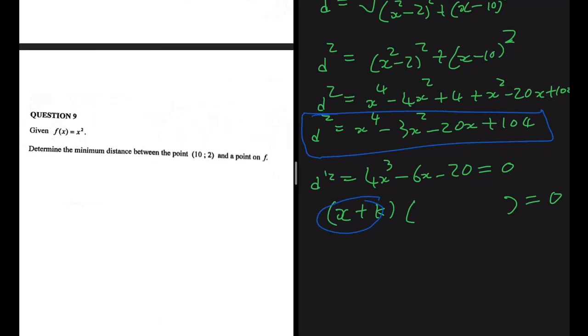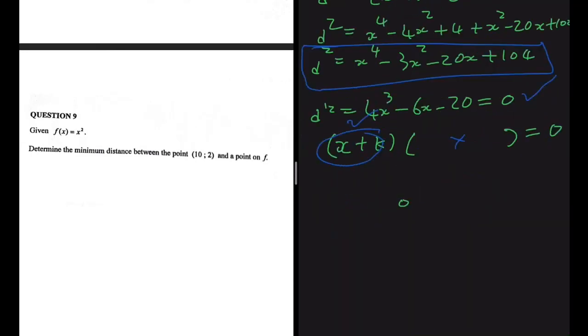After you solve this bracket, it becomes easy to find the other bracket. So let's try a few values and see which value, when we substitute it into this equation, gives 0. Because if we get 0, then we know that value is a factor of this equation. So I'm going to try 0, 1, 2, minus 1 and minus 2.